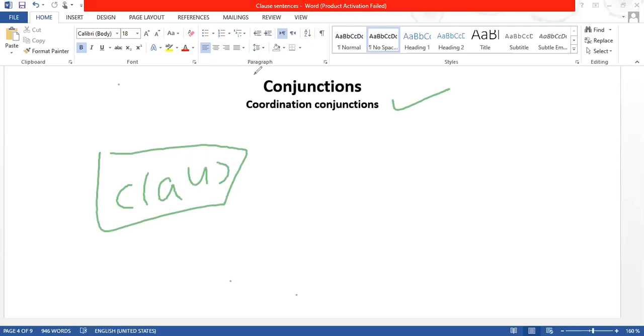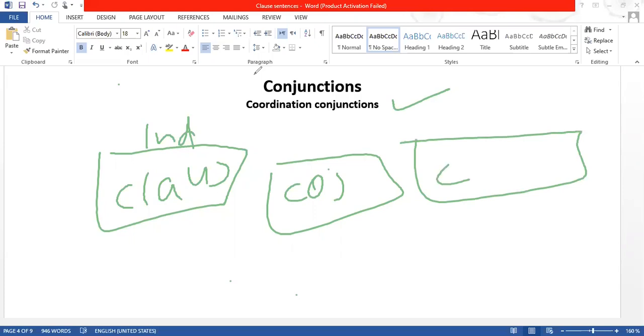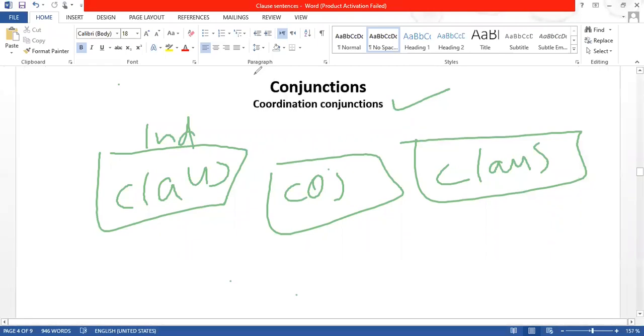Remember, one independent clause, then a coordinating conjunction, and then another clause. This is the formula, a very simple formula. Whenever we have two clauses in a compound sentence, that is called coordinating conjunctions. I'll give you examples very quickly because you already know this, right?